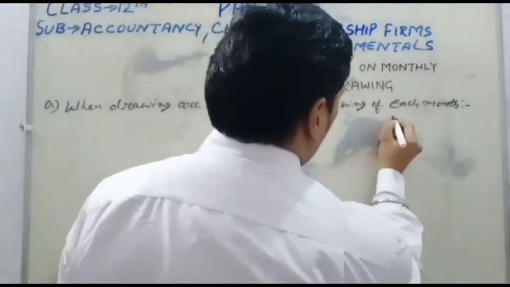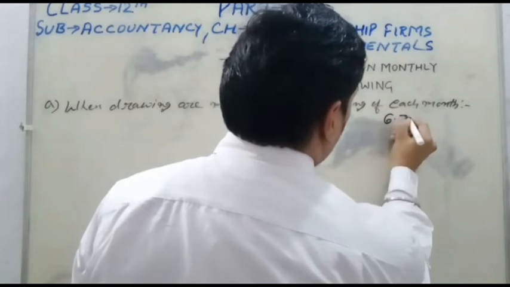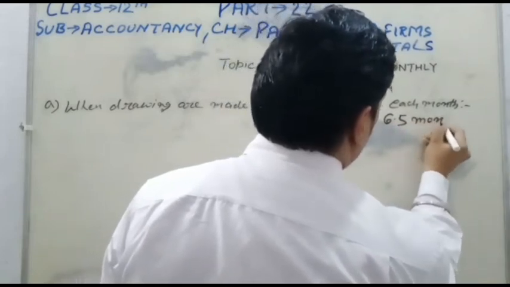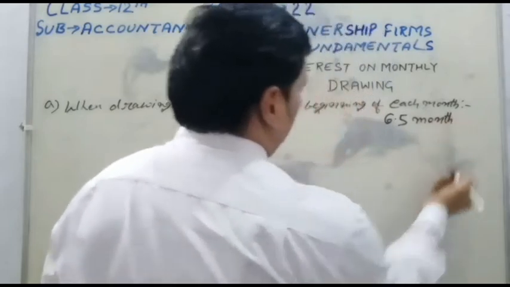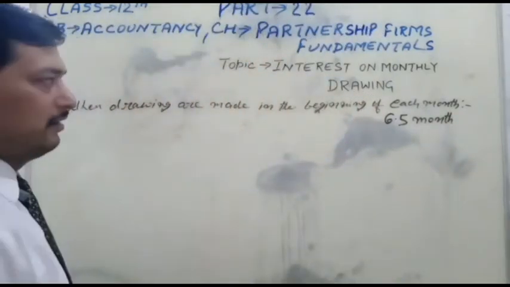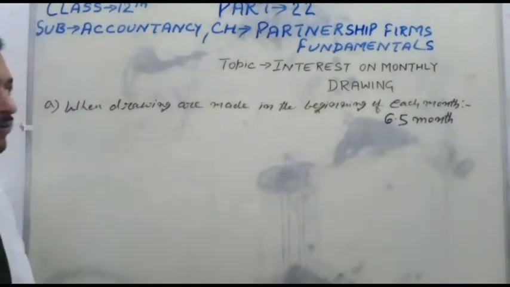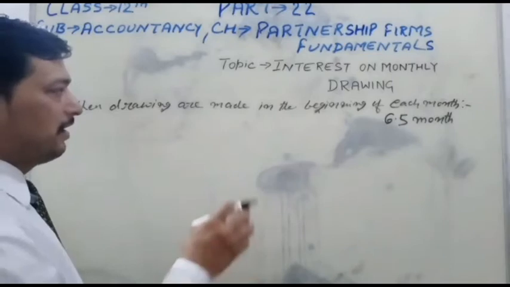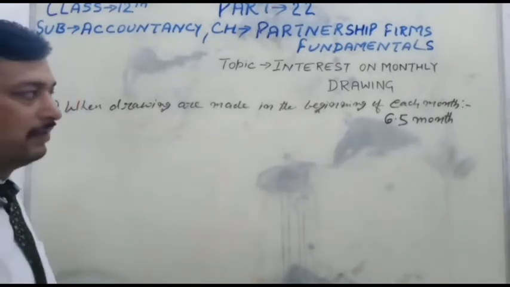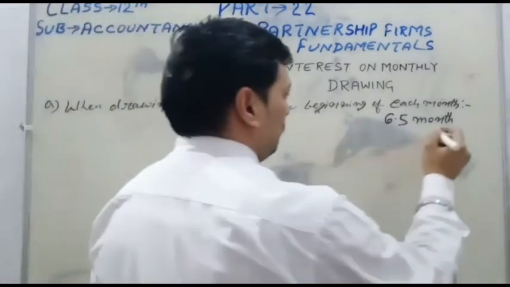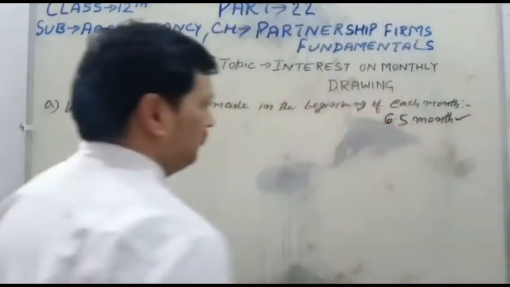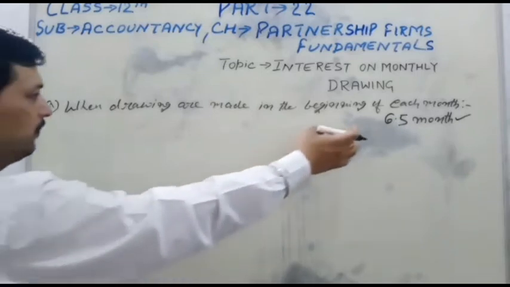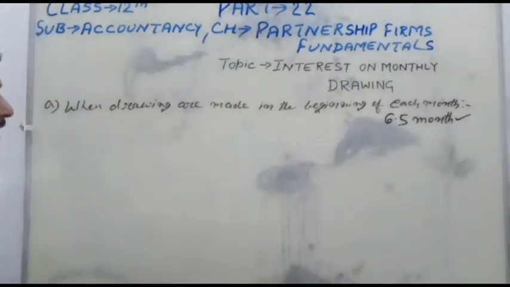Here we will calculate over 6.5 months. It is a charge for the calculation of monthly drawing. When the question says drawings are made in the beginning of each month, it is 6.5 months. You will see the format of how we calculate 6.5 months.